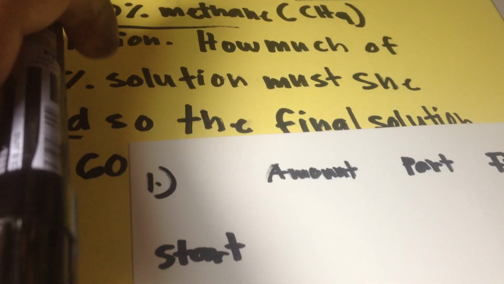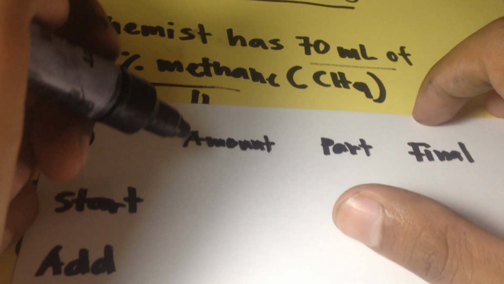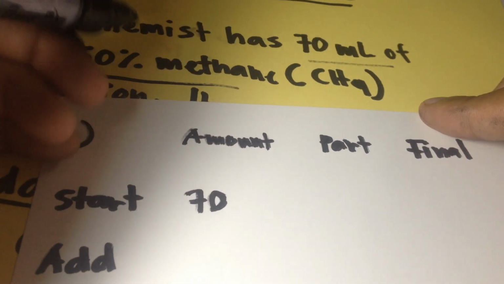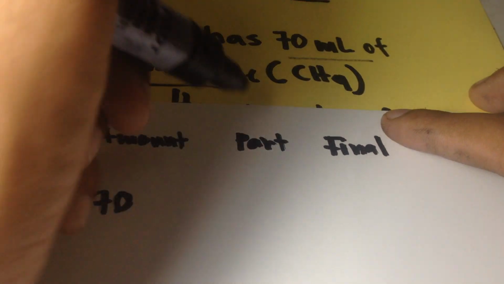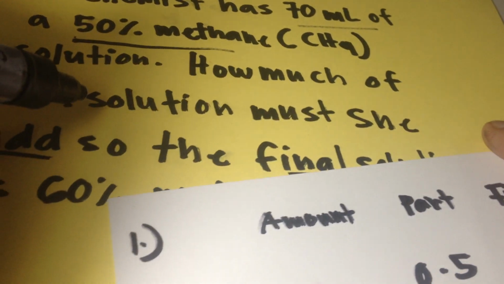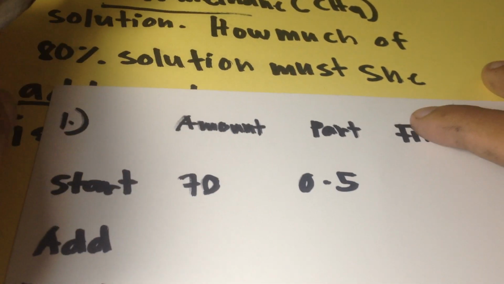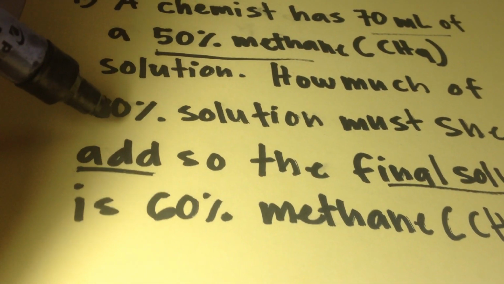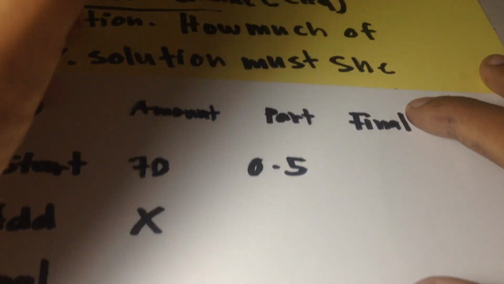The start is 70 ml, so you write 70 here, and the part, which is 50% converted to decimal, is 0.5. The solution she must add, let's put an x here, which is the unknown, and 80%, so you write 0.8 here.